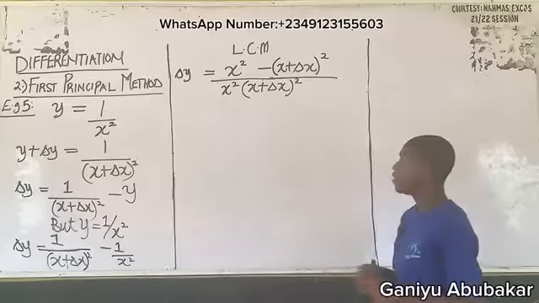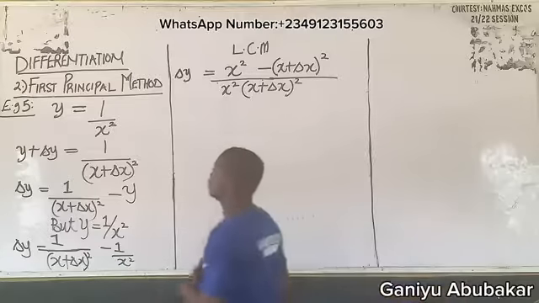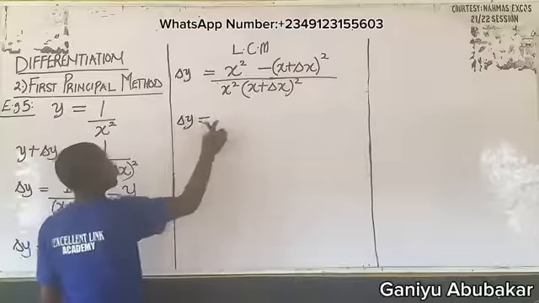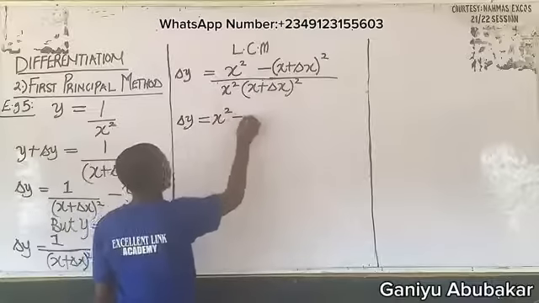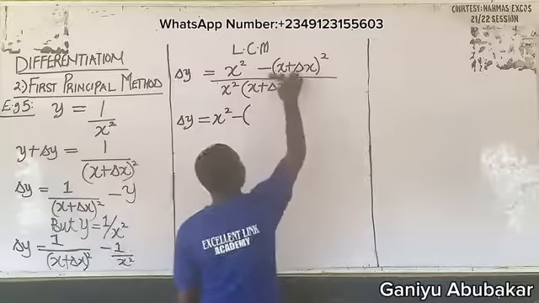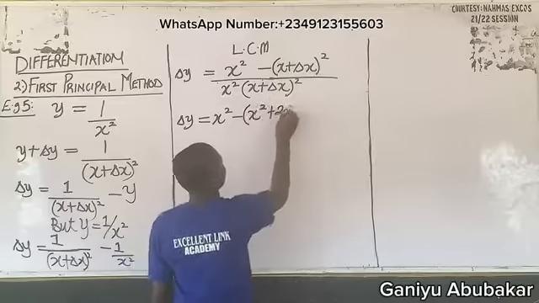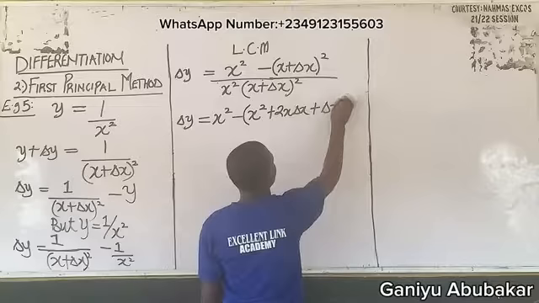All right, from here, what's the next procedure? My next task is quite easy. Change in y is equal to, I'll expand this. This becomes x squared minus, if I expand x plus change in x all squared, I shall have x squared plus 2x change in x plus change in x squared.